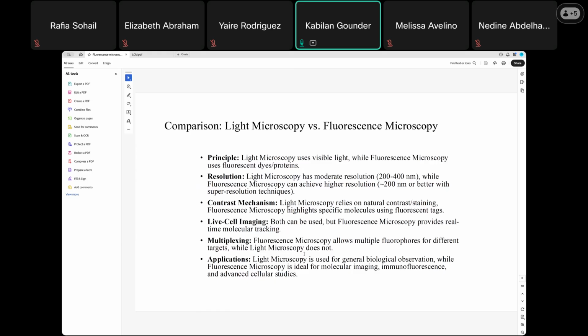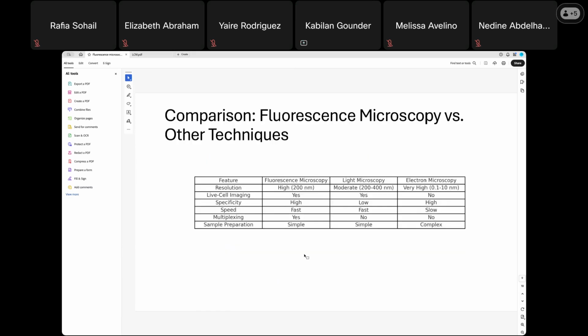The application: light microscopy is used for general biological observations and structural analysis, while fluorescence microscopy is ideal for molecular imaging, immunofluorescence, and advanced cellular events that you can detect with it. Resolution, as we see, is 200 nanometers in fluorescence microscopy, and moderate, 200 to 400 nanometers, in light microscopy.